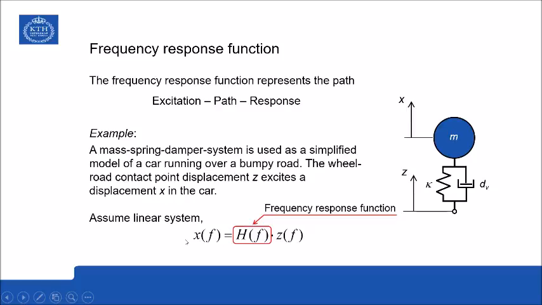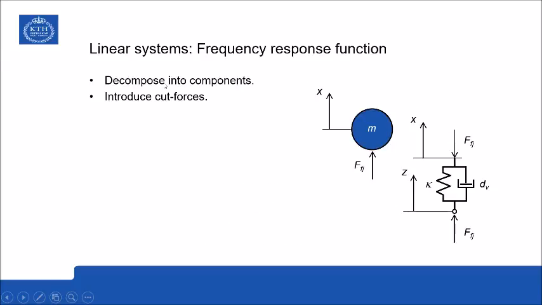Well, to derive this frequency response function, we have to decompose the system into its components and introduce cut forces. So the cut forces here is the spring damper system force acting on the mass and its balancing force acting on top of the spring damper system.